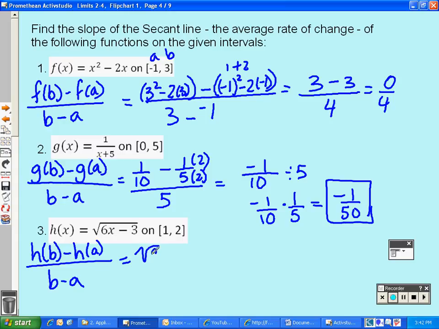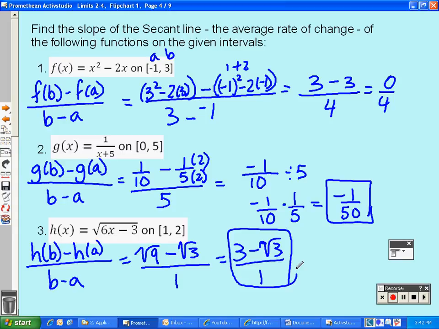So root 9 minus, if I plug in 1, I get 6 minus 3, which is 3. So root 3, all over b minus a, 2 minus 1, which is just 1. The only way I'm going to simplify this is root 9 is 3. 3 minus root 3 over 1. You don't even need the over 1.